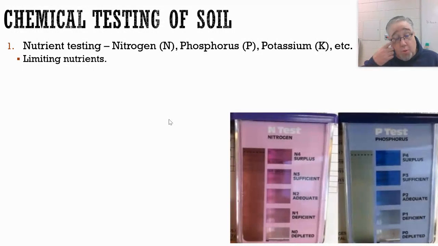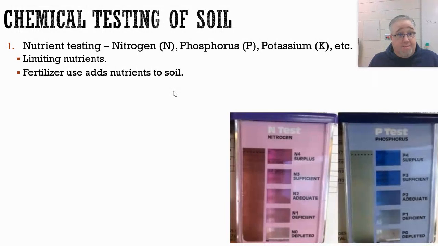Let's say you want to plant a garden. You want your soil to have nutrients in it, right? Especially limiting nutrients like nitrogen and phosphorus, because plants need those things. So if your soil doesn't have those, then most likely you're going to have to add fertilizer to it, right? Because if plants don't have nitrogen, for example, they're not going to grow.